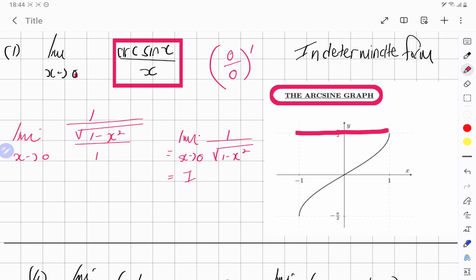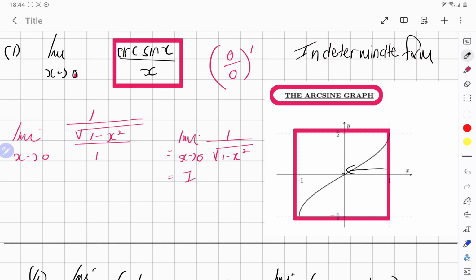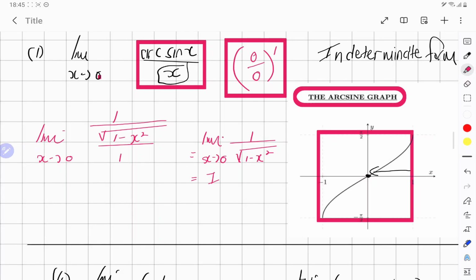Remember, your arc sine graph, your domain is between -1 and 1, your codomain between negative pi over 2 and pi over 2. Hence, as x approaches 0, my graph will approach 0, and the bottom will approach 0, and hence I have my indeterminate form.